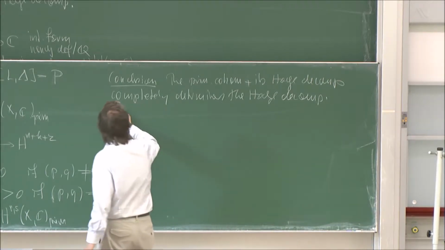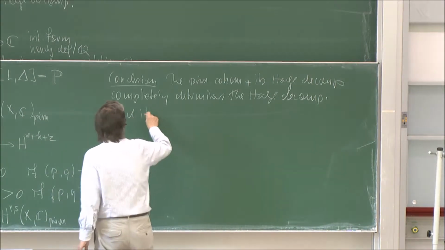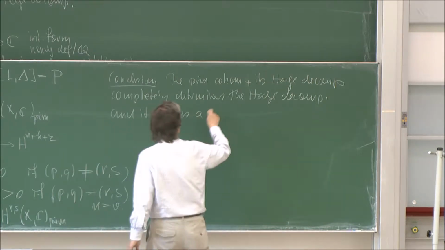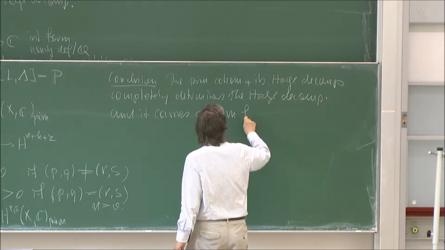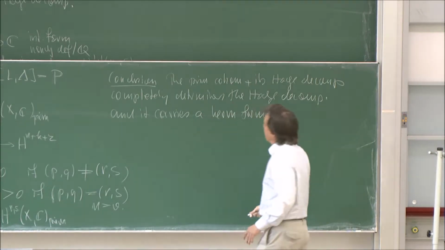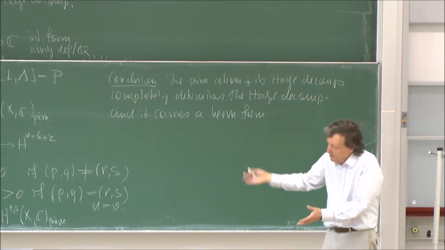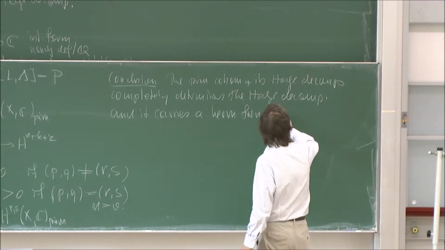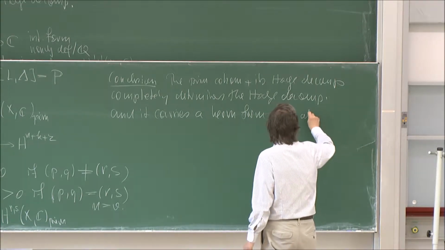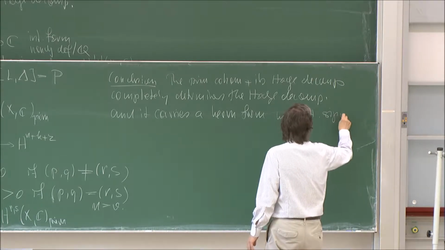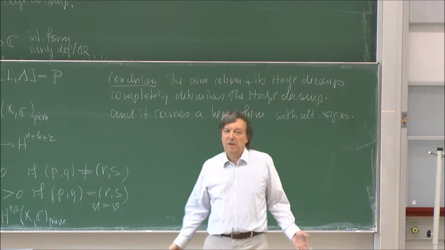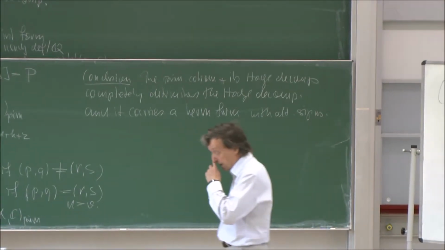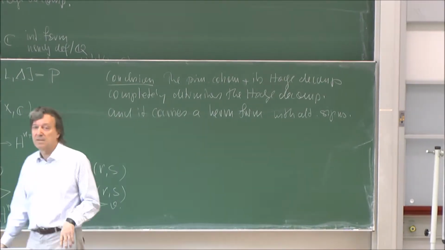And it carries a Hermitian form. Well, let me say it very quickly: the Hermitian form and the different Hodge pieces are perpendicular, but with alternating signs. So if one takes all of this together, this is the so-called Hodge package.